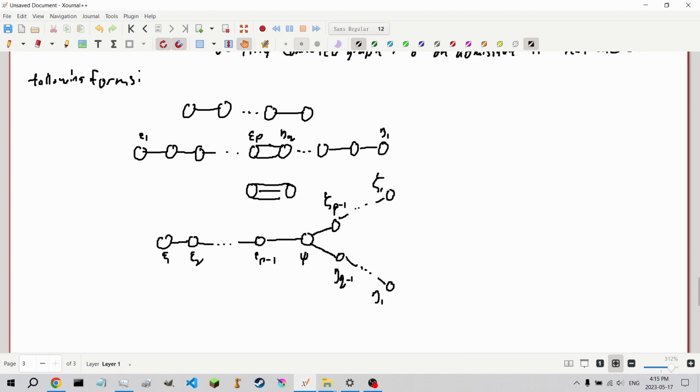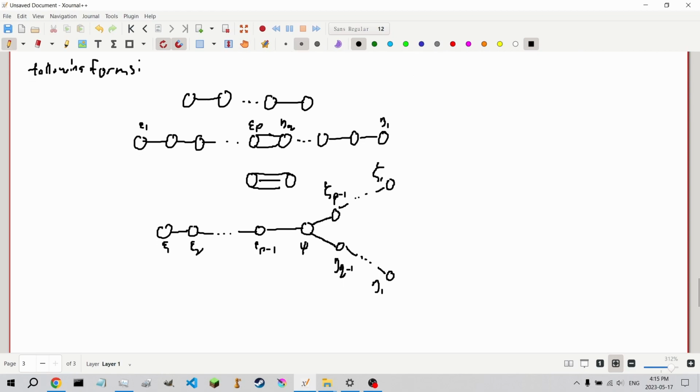And our proof is that only this graph can have a triple edge by number 5.